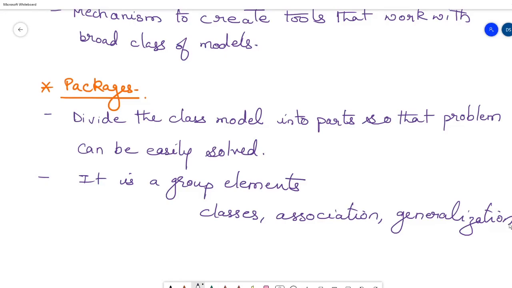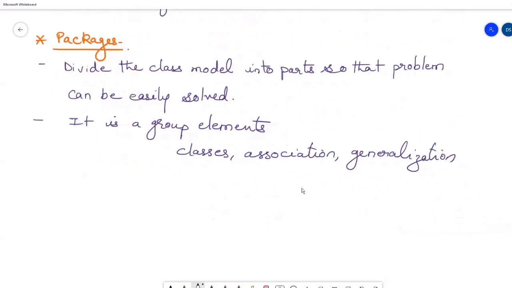For example, if we talk about a compiler, the compiler would be dividing the class model into several packages.